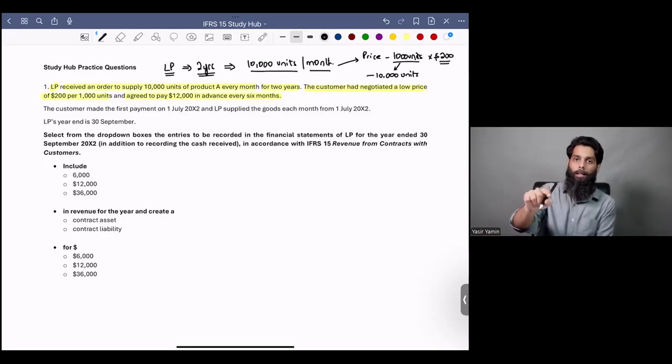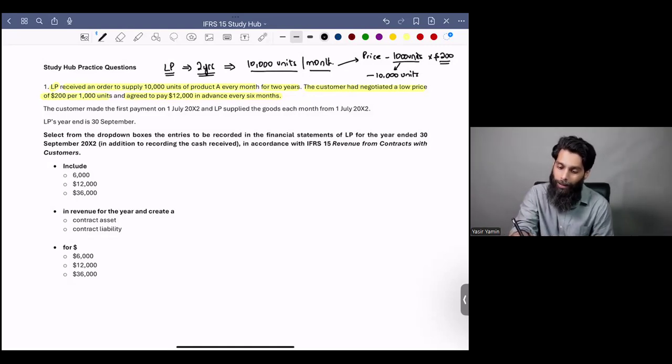If you, as LP, were paid $200 for 1,000 units, how much would you be paid for the 10,000 units that you deliver each month? What should be the total transaction price? 10 times the previous price, $2,000. Makes sense?